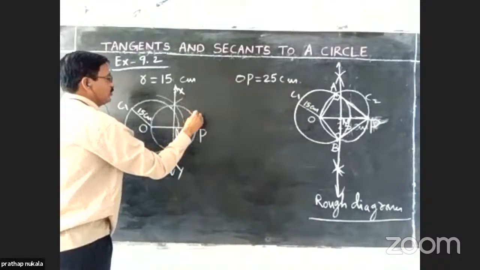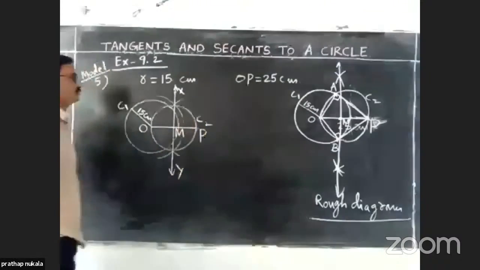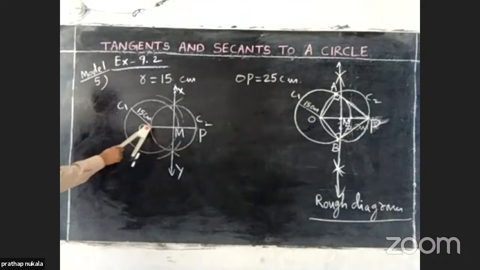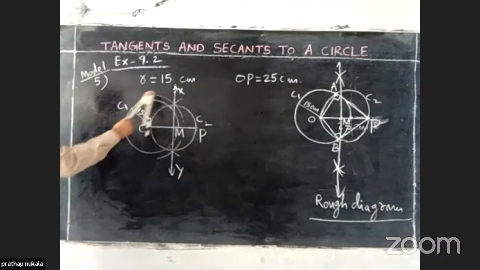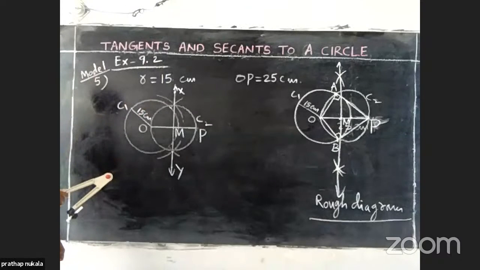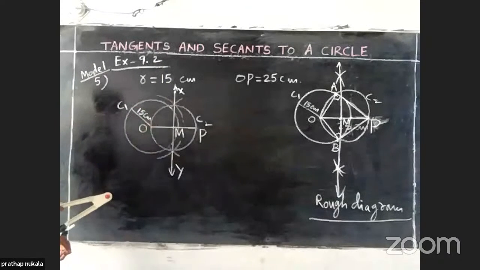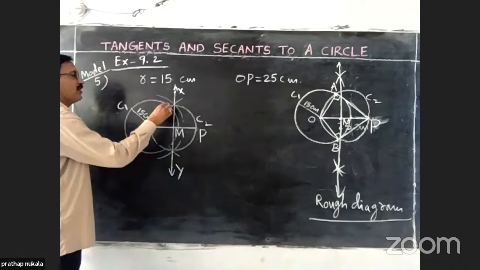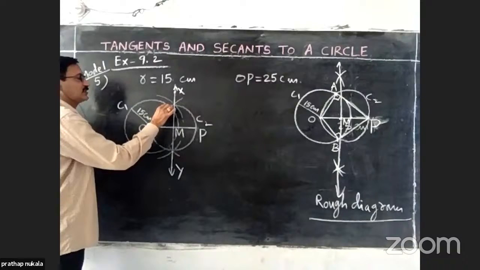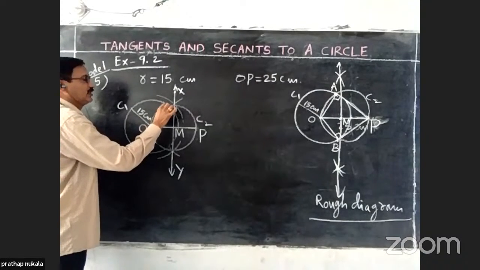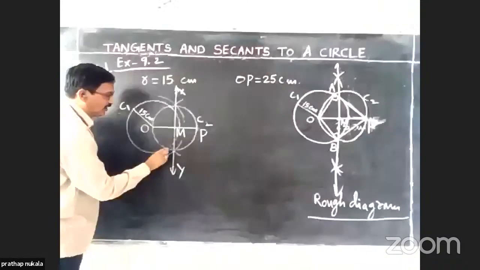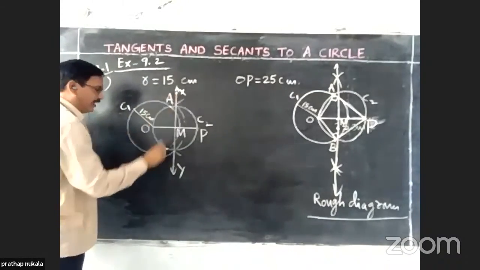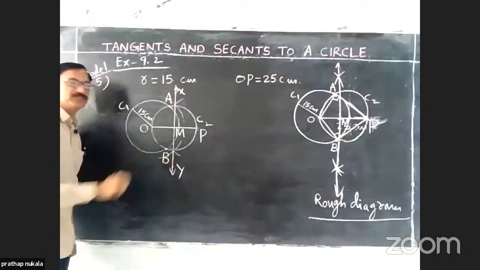This is C2. Now locate the intersection points of both the circles, here and here. These are the two intersection points. Name them as A and B.